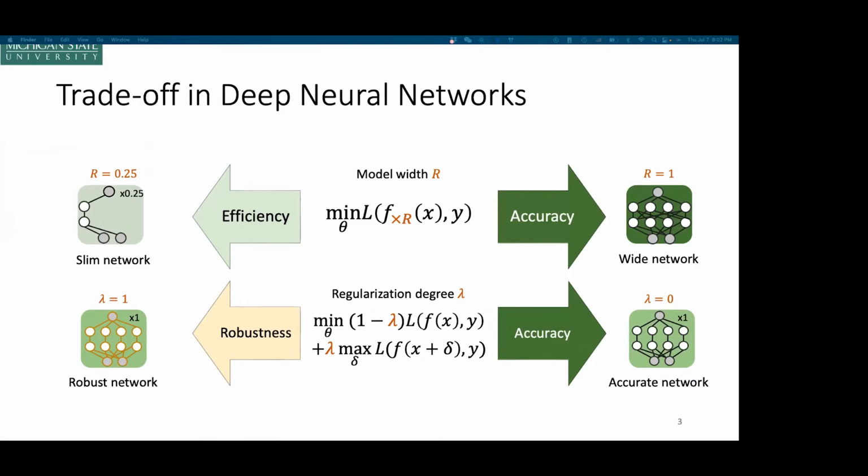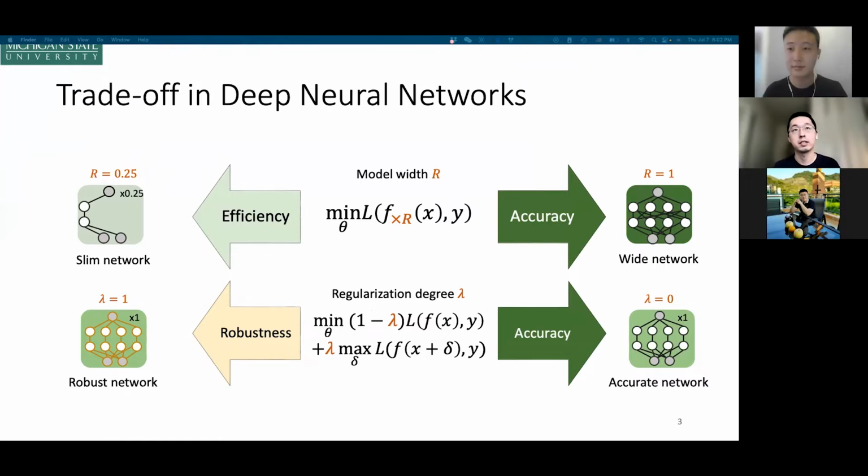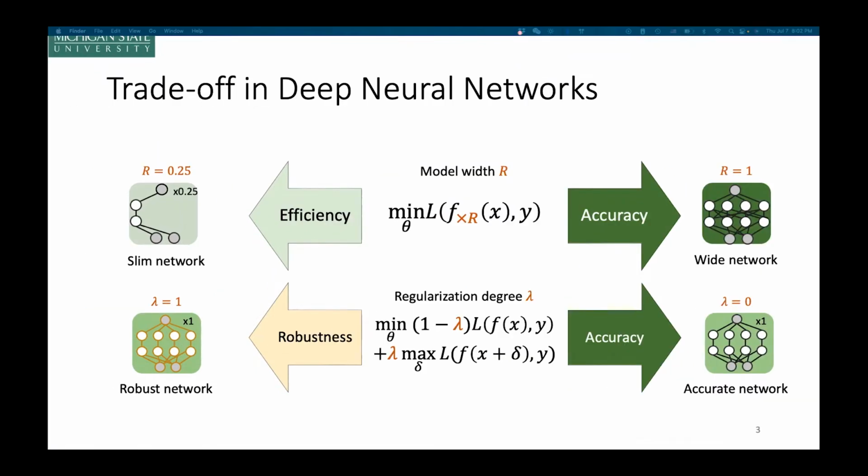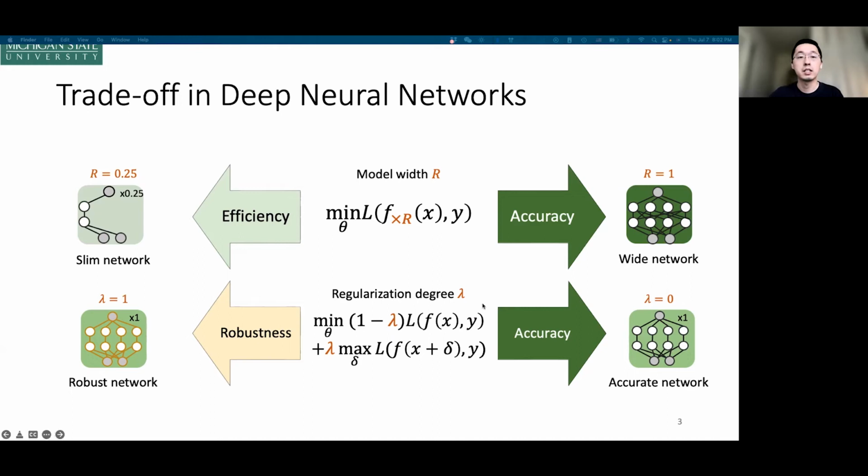That is, when a network is efficient, it cannot be simultaneously accurate. During training, you will choose the size of the model. Here we define the model size as the width, for example, the number of channels in each layer. So you will have to choose a size of the model during training, then you will get a specific size of model.